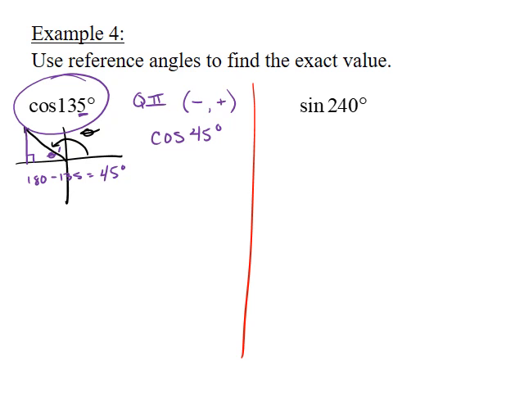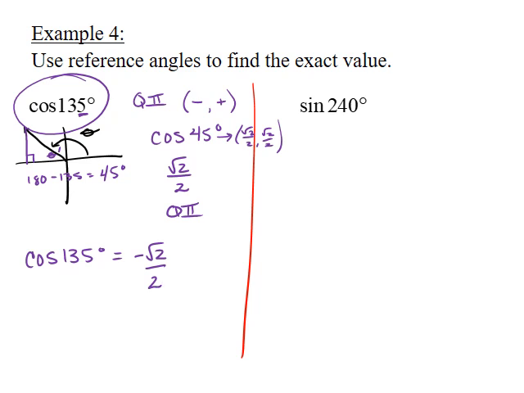I know that cosine of 45 degrees is root 2 over 2 because that's the associated ordered pair. But in quadrant 2, I know that cosine is negative, so cosine of 135 degrees is negative root 2 over 2.